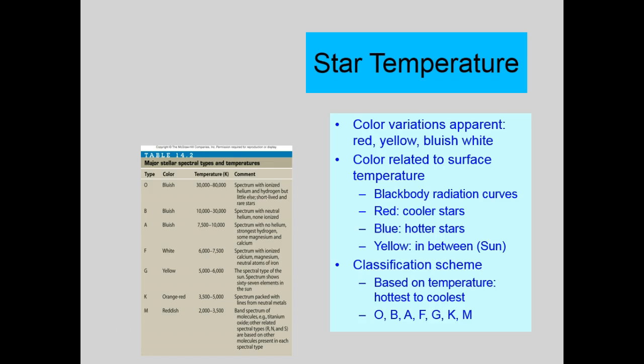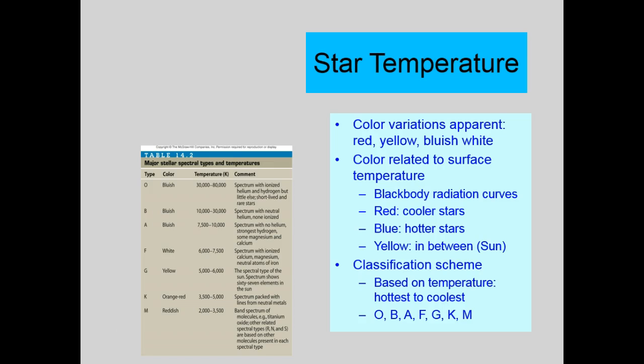The spectrum shows ionized gases, mostly helium and hydrogen. Little else. Short-lived, very rare stars. If you see one, watch quickly because it's not going to be there long. Maybe only a few thousand years or so. So very short-lived, incredibly hot on the surface.